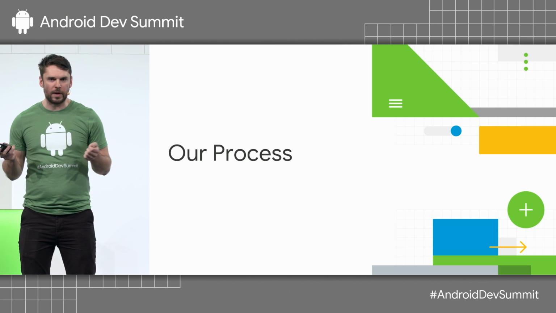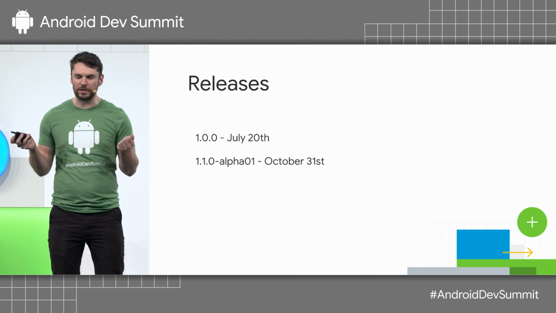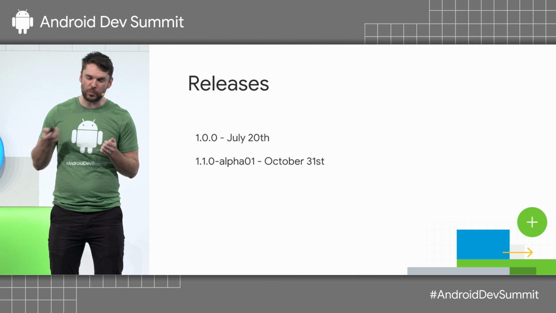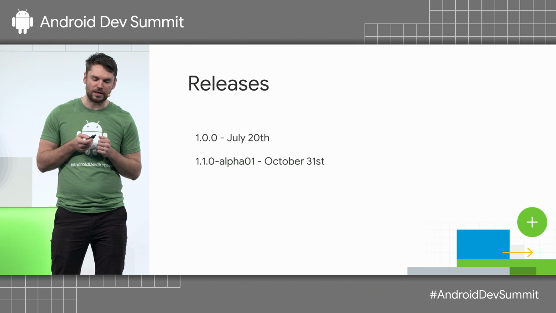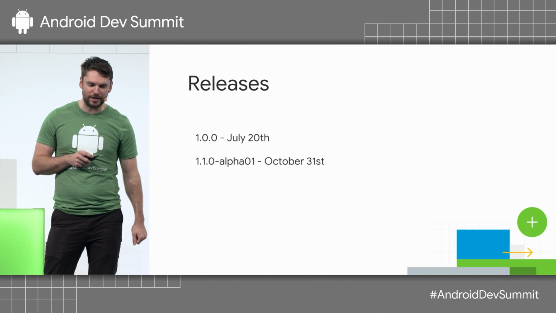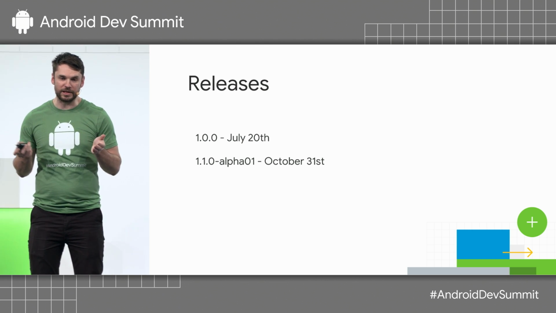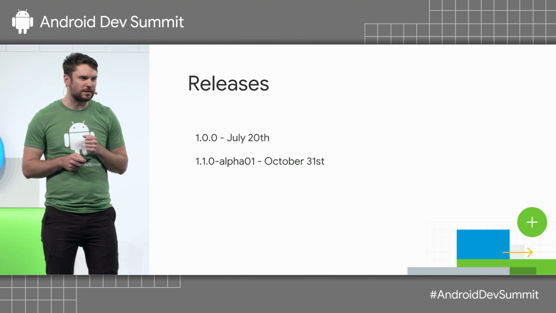And now a little bit about our process. We've had a few releases. The 1.0 went out and was cut on July 20th, and it's been a little while. But now with the AndroidX Jetpack refactor finished, we can release more frequently because we're not tied to the support library.